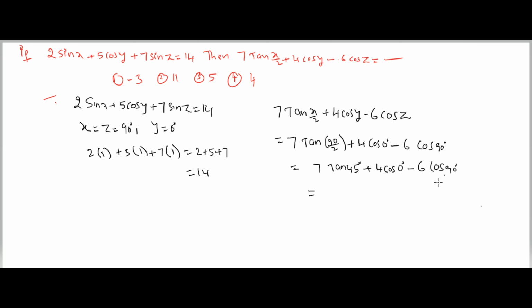That is 7 into tan 45, which is 1, plus 4 into cos 0, which is 1, minus 6 into cos 90, which is 0. That is equal to 7 plus 4 minus 0, that is equal to 11. So second option is correct answer.